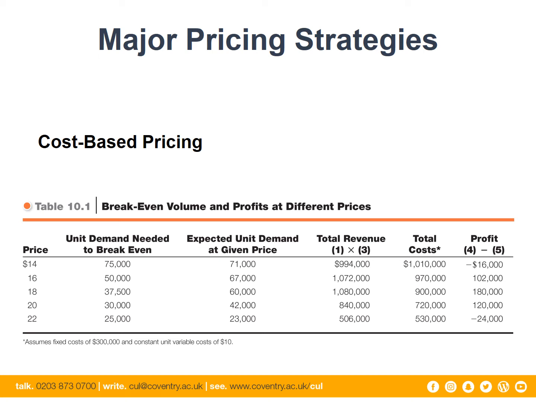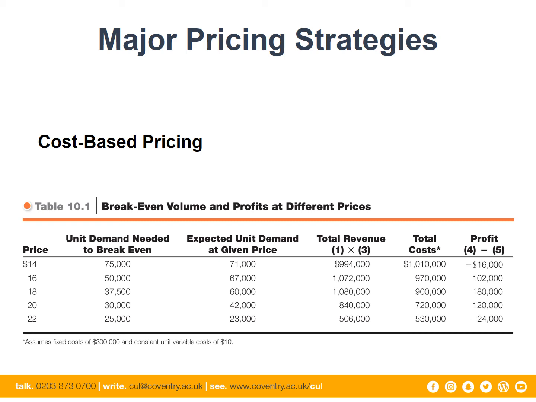And we can see in this example here, the optimum level is the $18 selling price, where it's expected 60,000 units, bringing in $1,080,000 with a total cost of $900,000. When you deduct the two, you have $180,000 profit. And here we're talking about gross profit. So again, the optimum seems to be at this price of $18, because you've actually lowered your total cost.